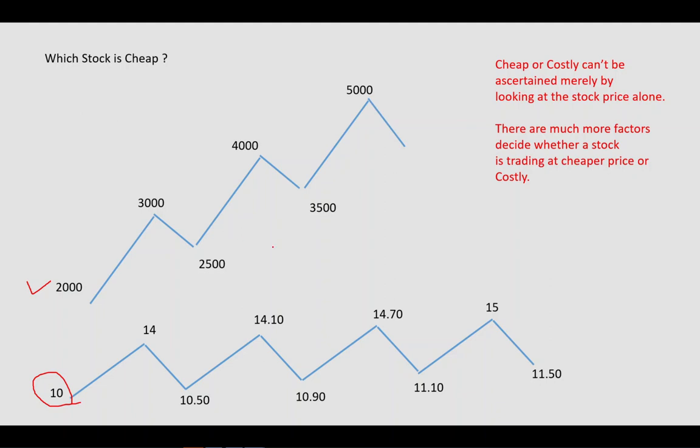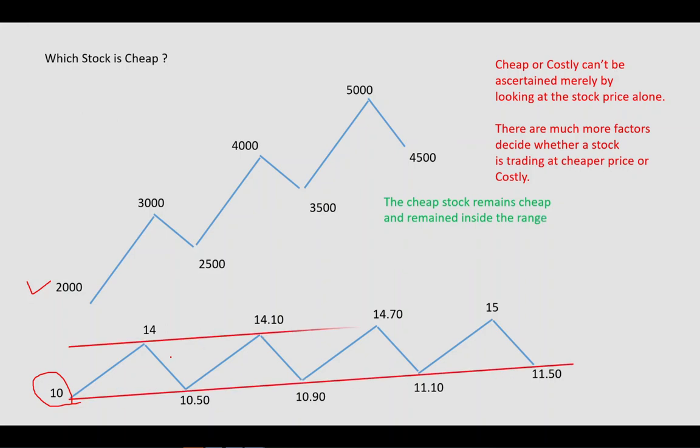So this is traveling in a trend. You can see the cheap stock remains cheap inside that small range, while the costly stock becomes more costly over a period of time and moves in a trend.